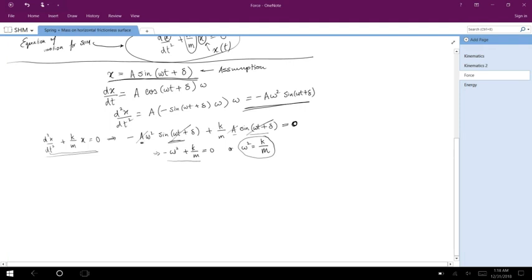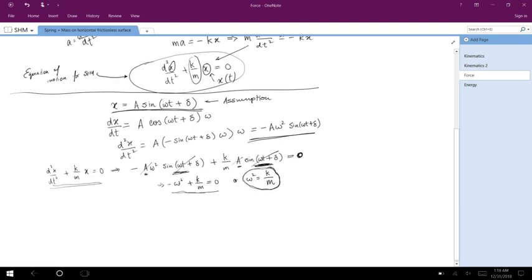clearly the first term has an a and a sine omega t plus delta, and the second term also has an a and a sine omega t plus delta. So these are going to fall off, and we are going to be left with negative omega squared plus k over m equals 0. And if we rearrange it, then we find omega squared is equal to k over m.